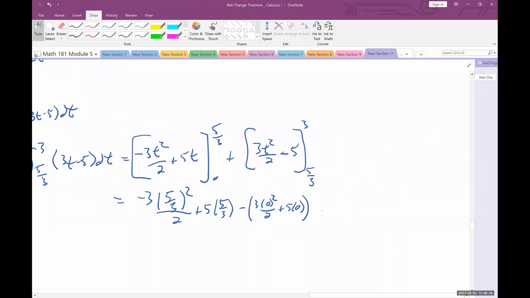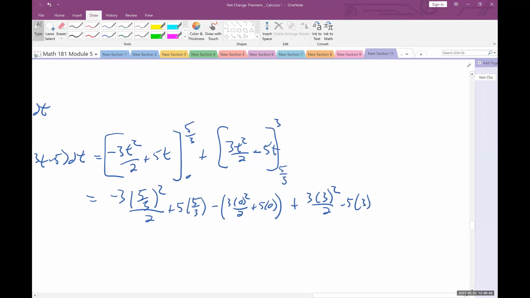Then the second part, we have plus 3 times 3 squared over 2 minus 5 times 3. I apologize for not having the t there. And then we have minus the quantity 3 times 5/3 squared over 2 minus 5 times 5/3. Okay, so we've got numbers in there. Now we've got to play with the arithmetic at this point.